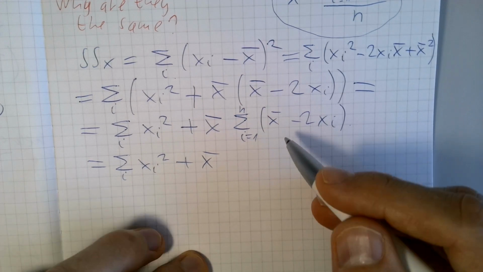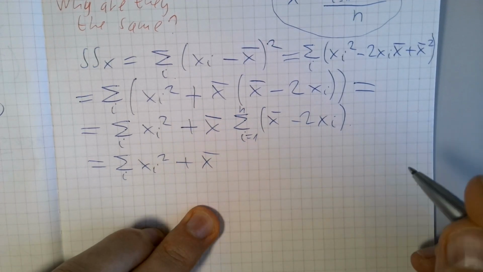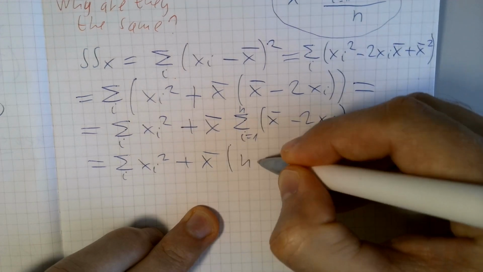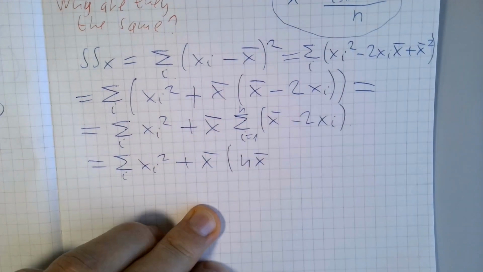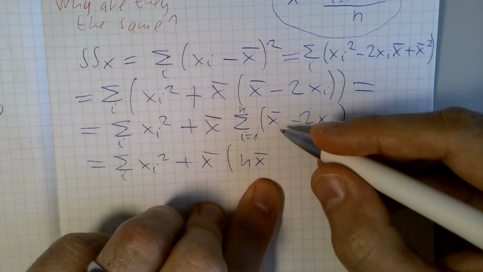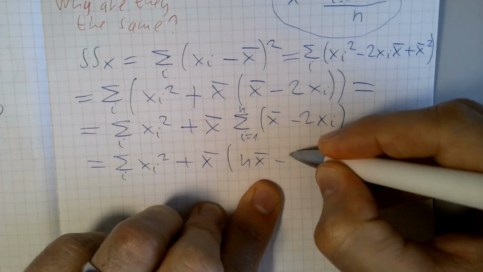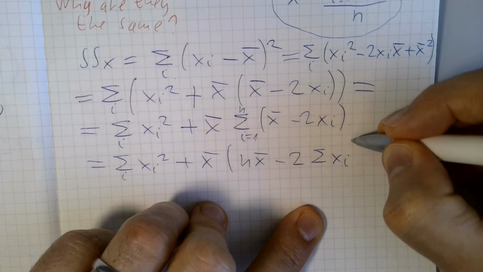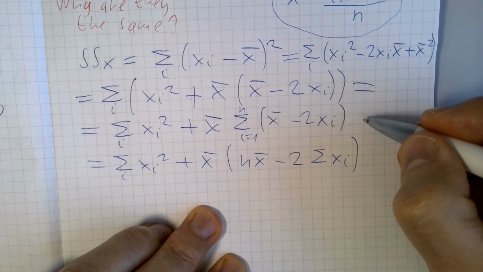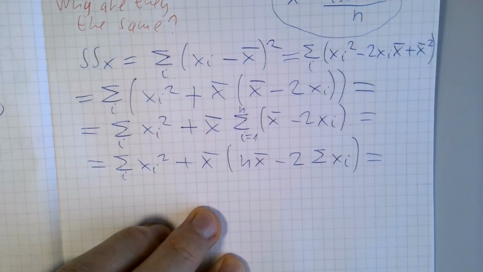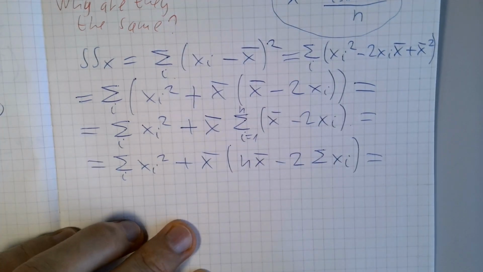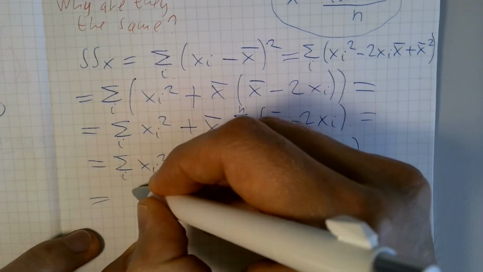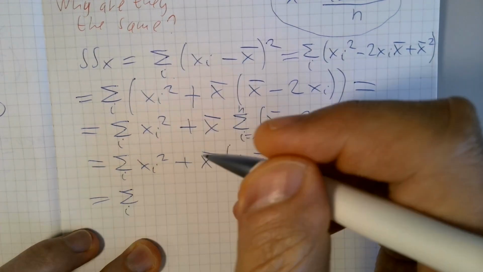So this will be, let's put it into parentheses, n times the mean minus 2 times the sum of xi's.